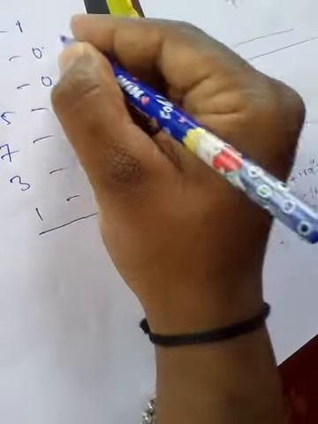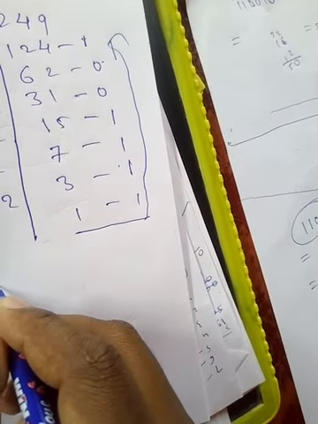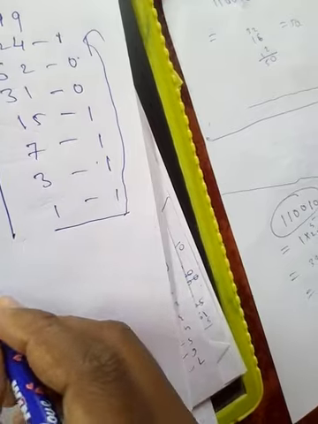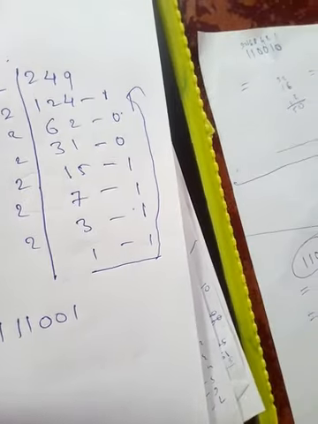Okay, the answer: you have to take all of these. 1 1 1 1 1 0 0 1. This is what 249 is equal to.